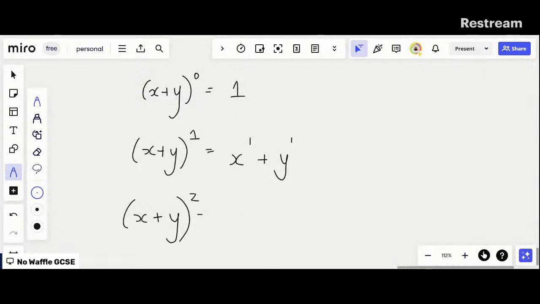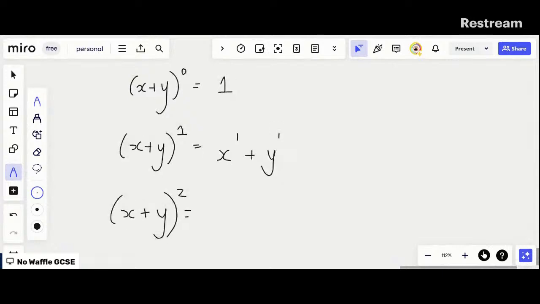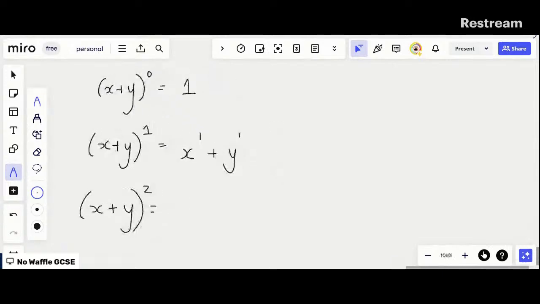then your first step is you take your first value, which in this case is x, and you put x squared, plus, and then you have certain coefficients.